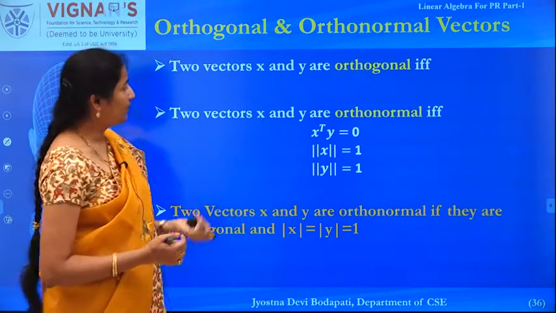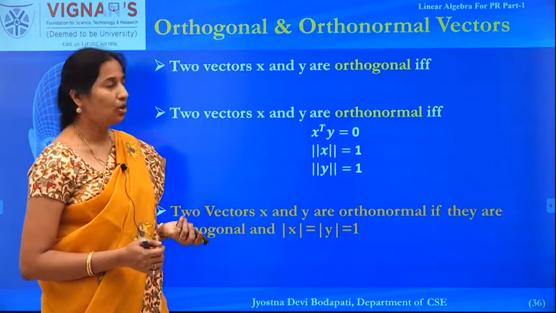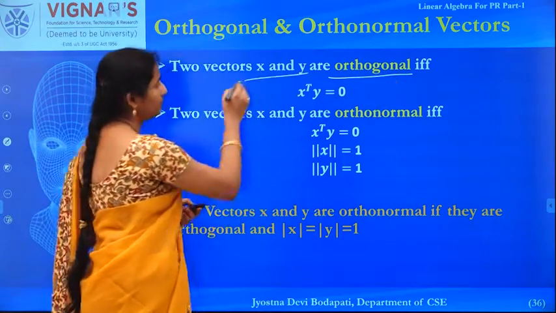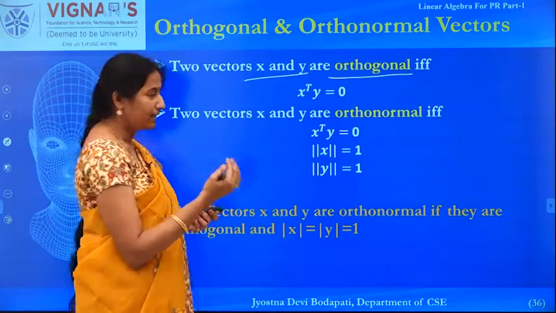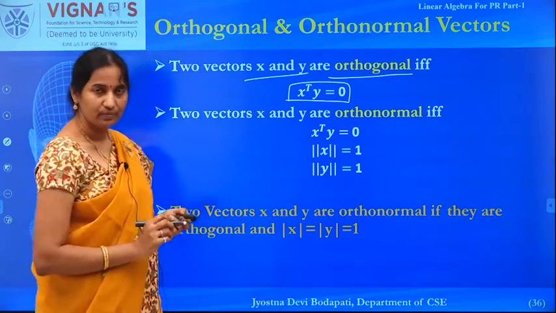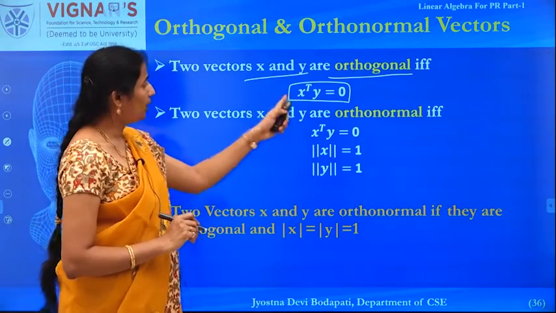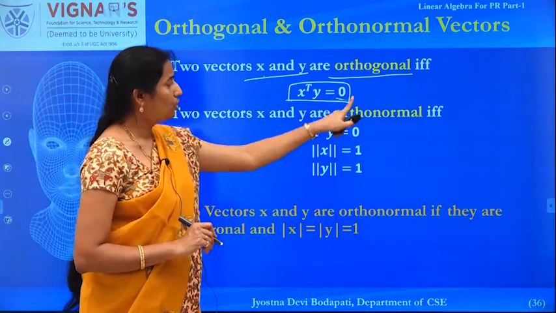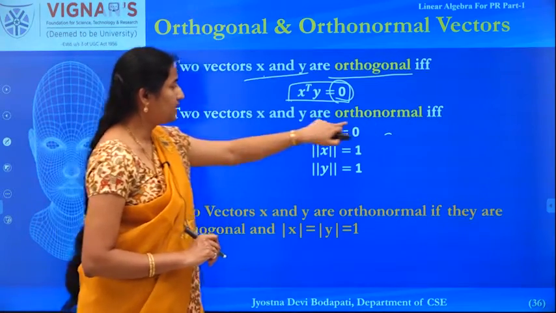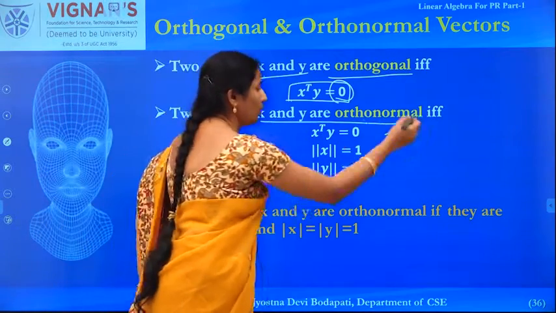Now let us see when you can call the given vectors x and y orthogonal vectors. If the inner product between the two vectors is 0, then you can call the vectors x and y orthogonal vectors. And now let us see when you can call the vectors x and y orthonormal vectors.